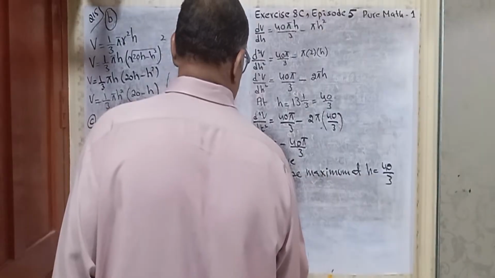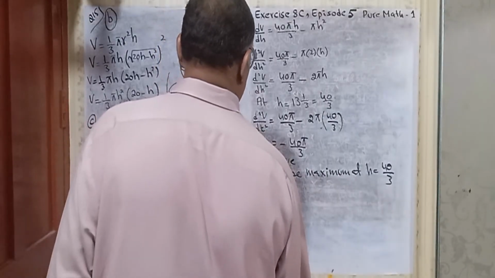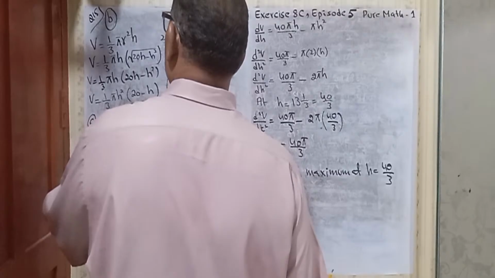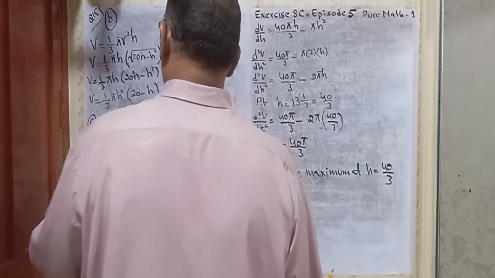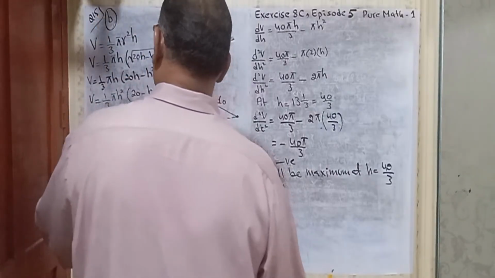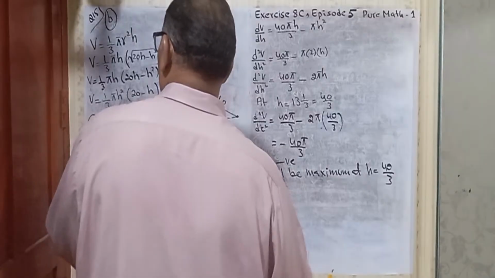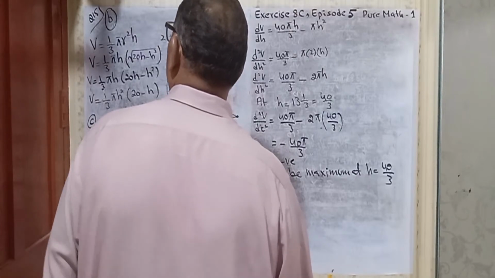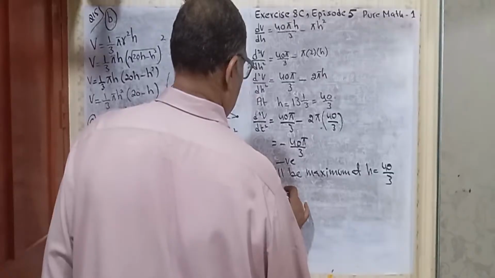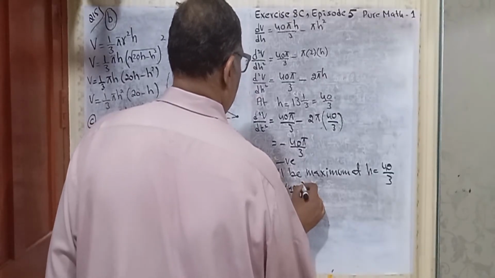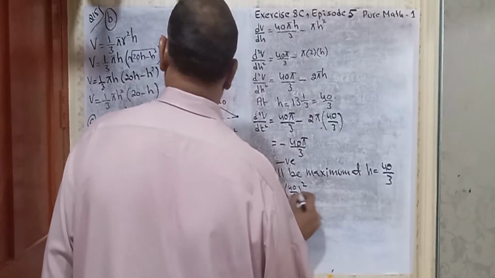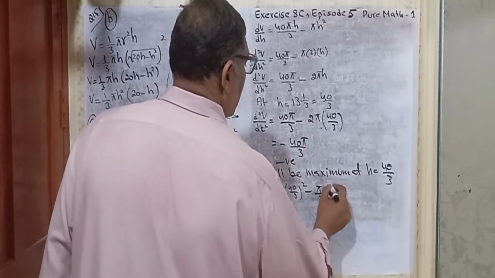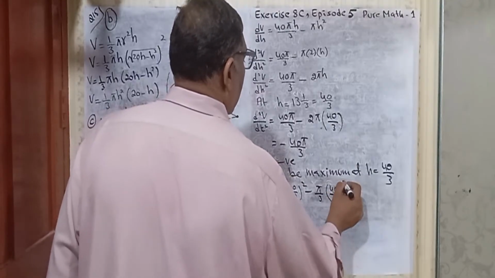So V will be equal to 1/3 π h squared. Or we can use this formula: 20π/3 times a square times 40/3 h squared, minus π/3 times (40/3) cubed.